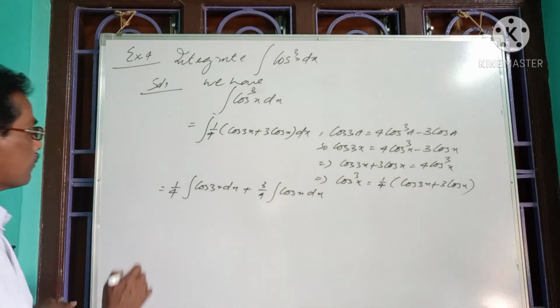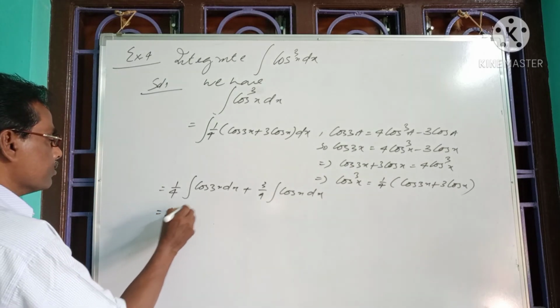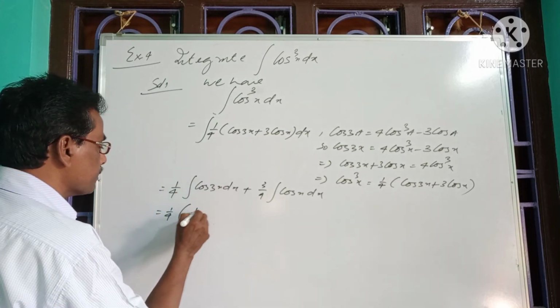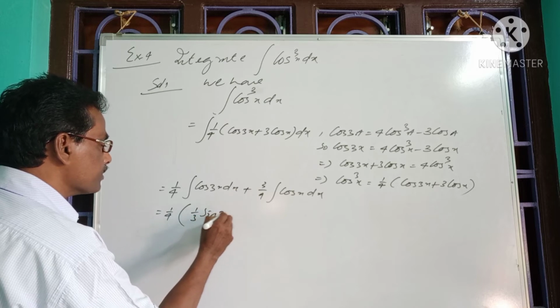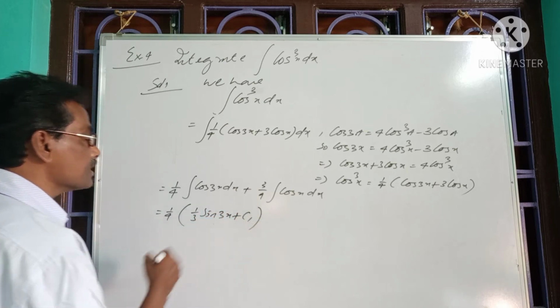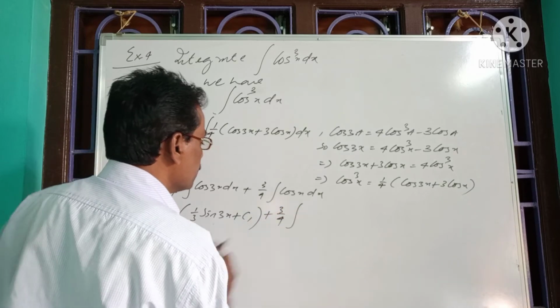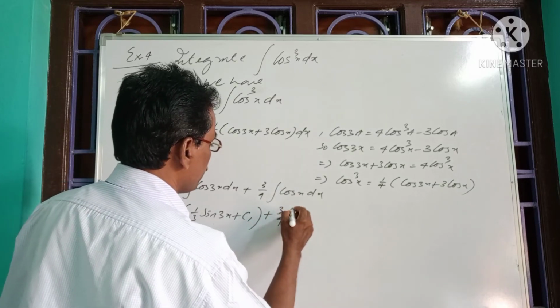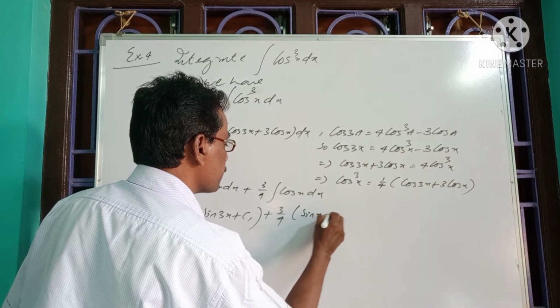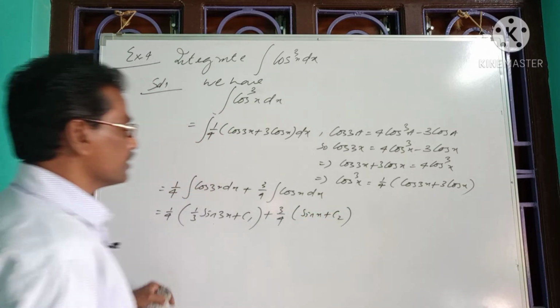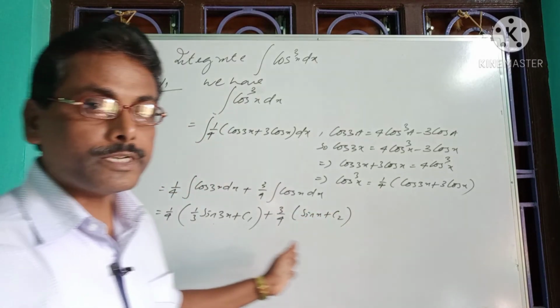So integrating, we have 1 by 4. The integration of cos 3x will be 1 by 3 into sin of 3x plus c1, the constant of integration. Again, integrating 3 by 4 cos x, integrating cos x, we have sin x plus c2, where c2 is the constant of integration. Now we have already completed the integration.